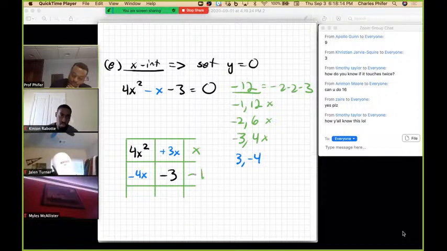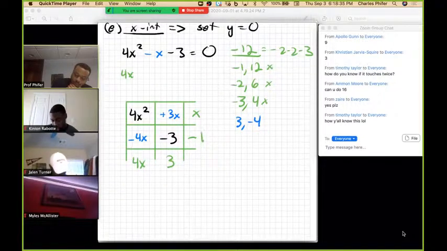What do the left 2 have in common? 4x. So we can factor out a 4x from both of those. And what do the right 2 have in common? Just a 3, right? So then ultimately we're saying that the original factors into 4x plus 3 times x minus 1.